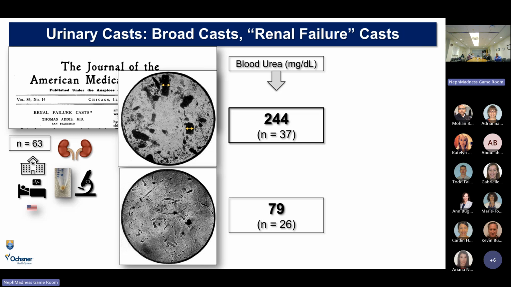And they looked at 37 of those patients with the broad casts and noticed that the blood urea level was much higher, at 144 milligrams per deciliter, compared to the patients with thinner casts. And that's why he decided to use the term renal failure cast.